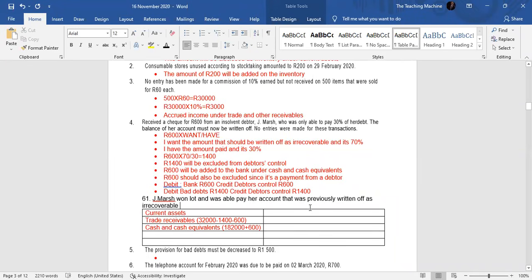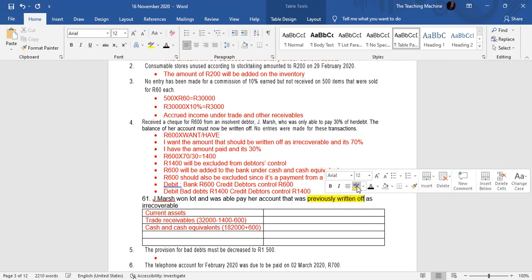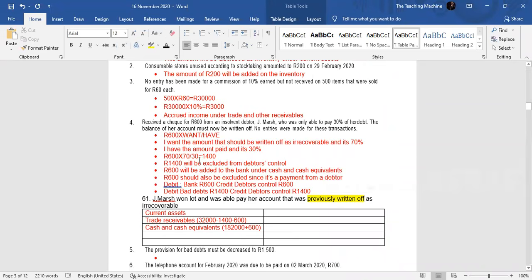Okay, now I want to highlight a keyword that describes a bad debt recovered. Previously written off as irrecoverable. Now, if you see previously written off as irrecoverable, then you should know you have a bad debt recovered. But with this information, there is no bad debt recovered. We have in the recover the 1.4. We have written off this 1.4 as irrecoverable as a bad debt.